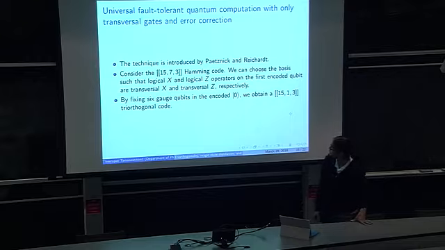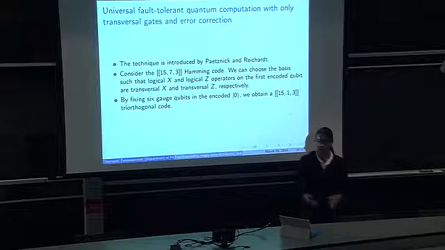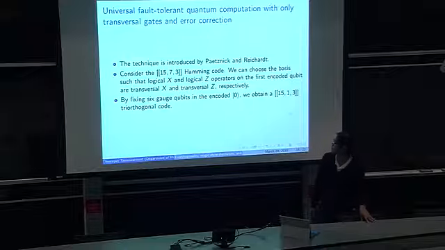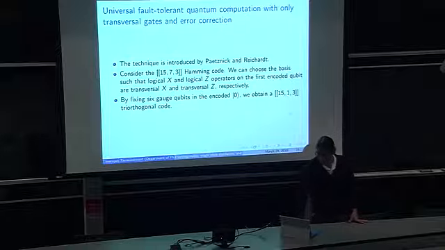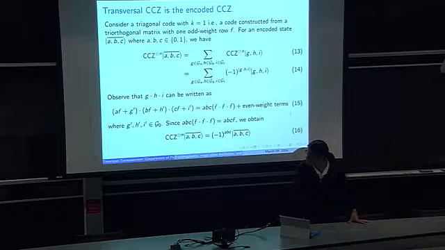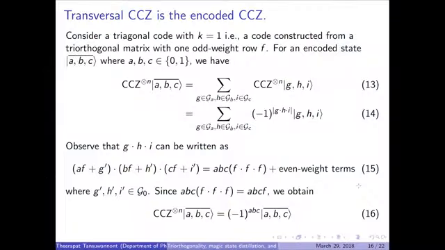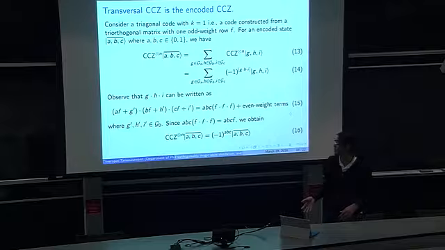And by fixing another 6 gauge qubits, we will get a triorthogonal code, the 15, 1, 3 triorthogonal code. So in their paper, they prove that the transversal controlled Z is the encoded controlled Z.